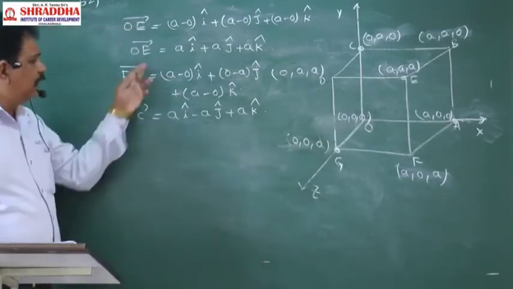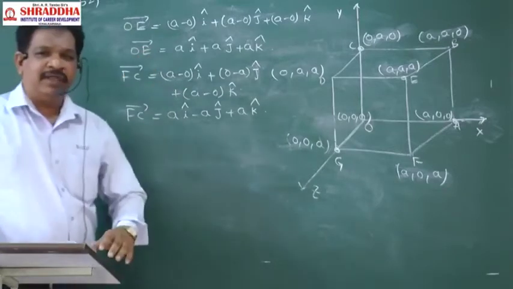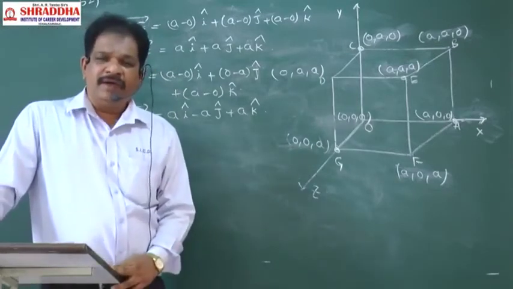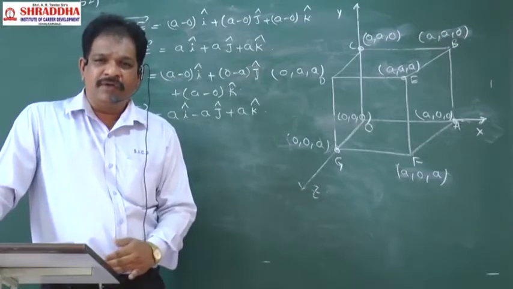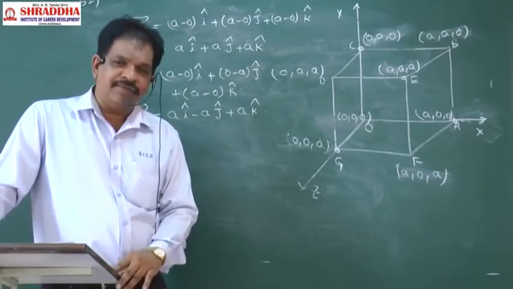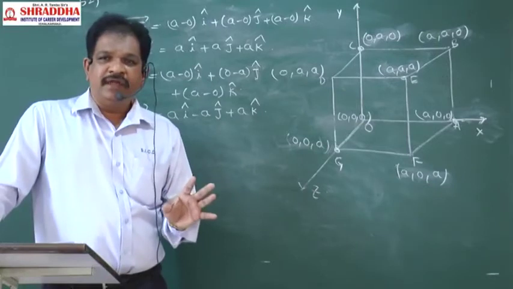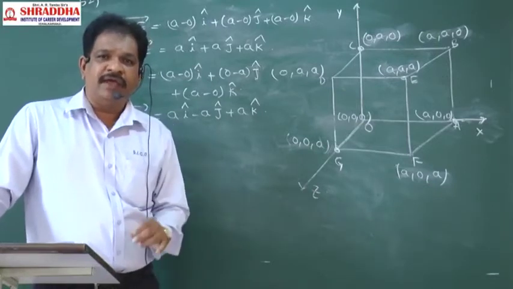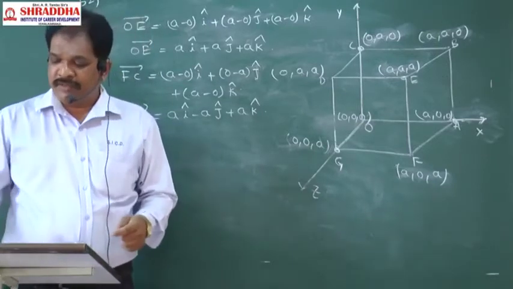Then find the angle between these two vectors. What is the formula? a bar dot b bar by modulus of a bar modulus of b bar. That is the formula to calculate the angle between two vectors.